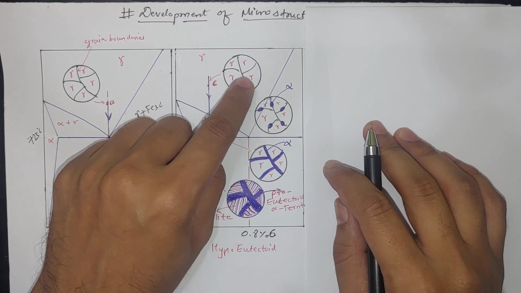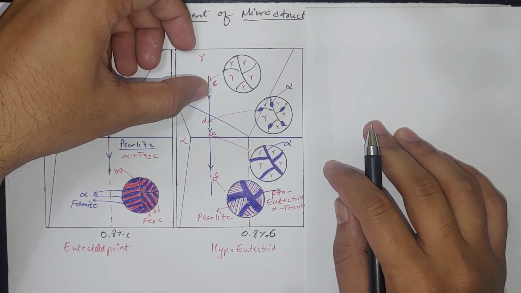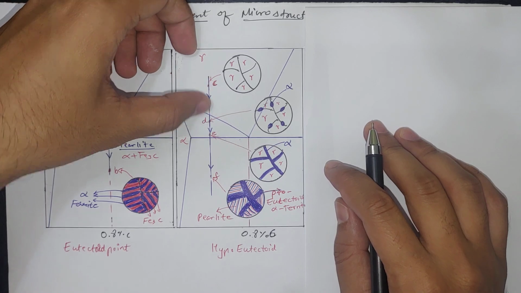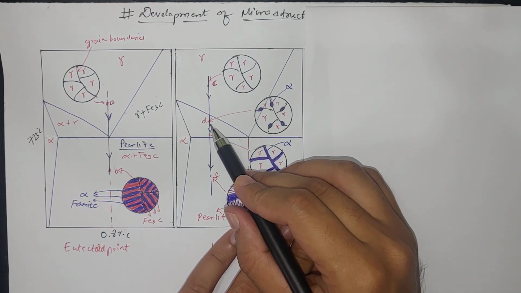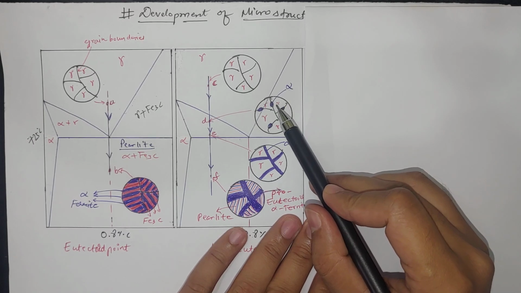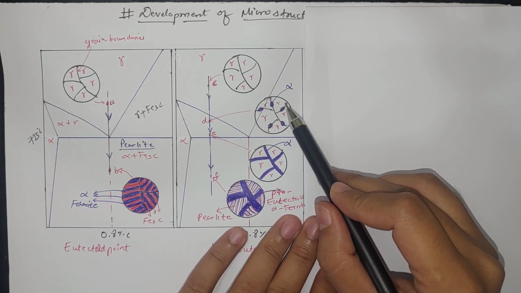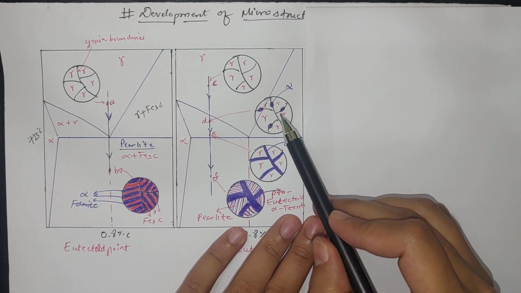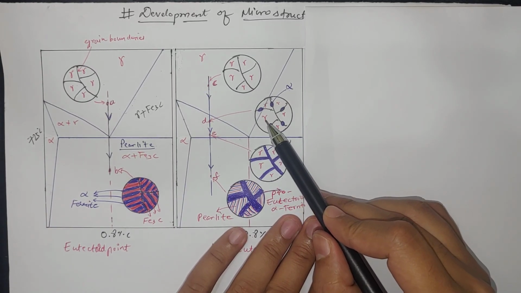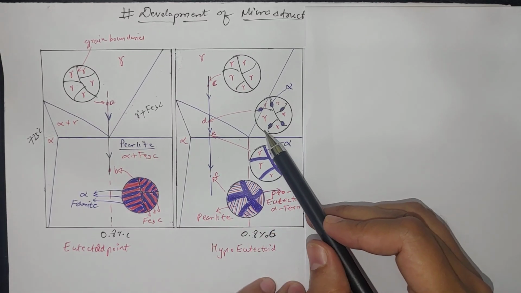It has different grain orientations and the grain boundary is formed like this. Now we slowly cool. So first point D comes. At point D there will be formation of alpha ferrite at some nucleation points. So on the boundary line there will be formation of alpha ferrite like this, and the gamma austenite will be the same inside the grains.